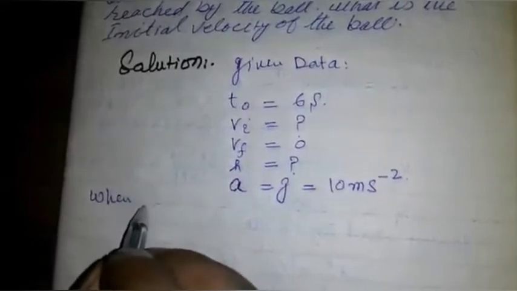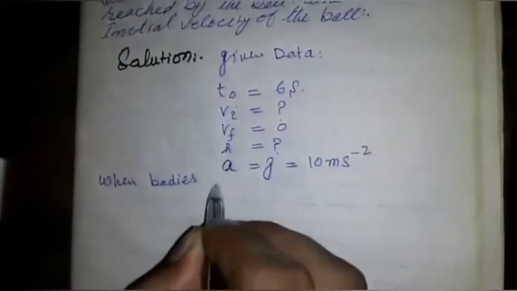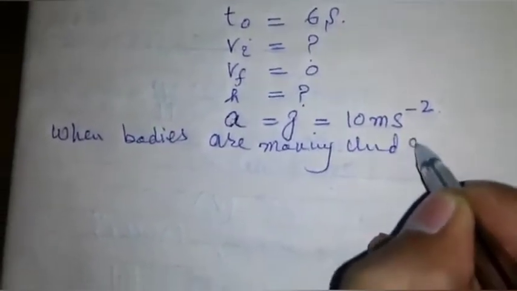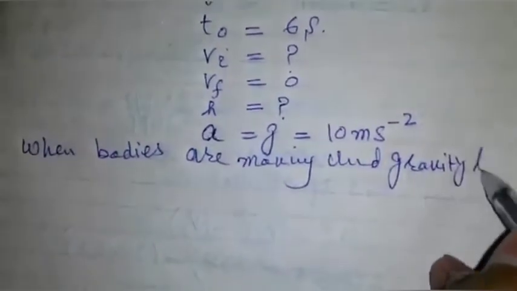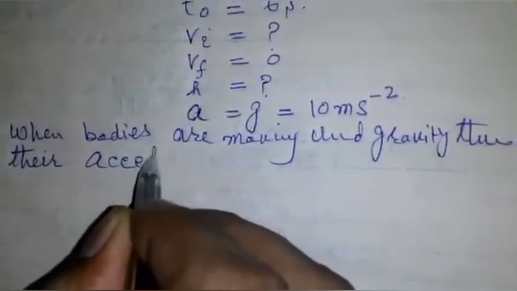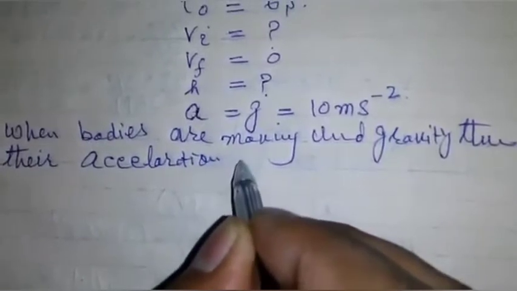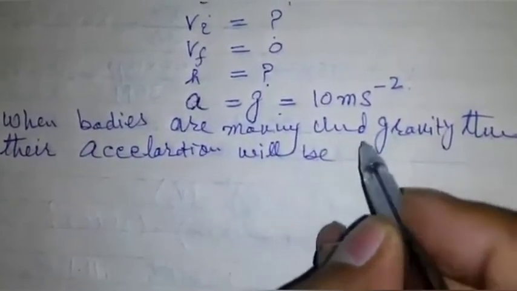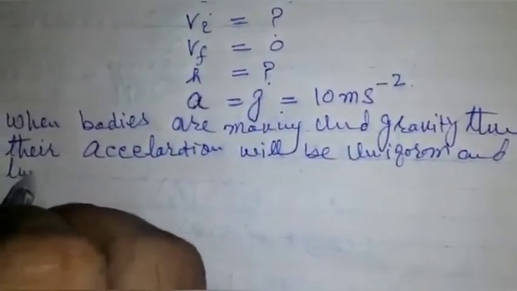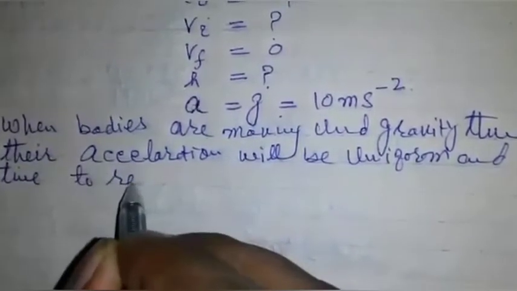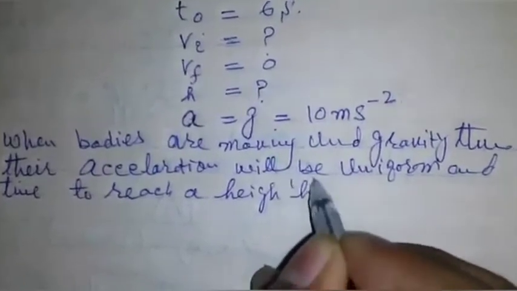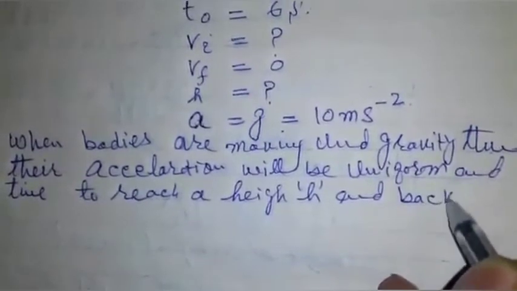When bodies are moving under gravity, then their acceleration will be uniform, and time to reach a height h and back is equal.